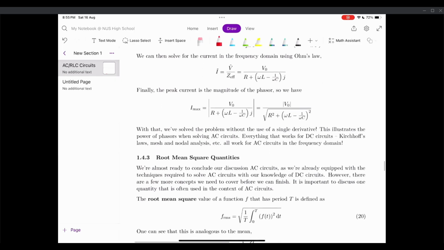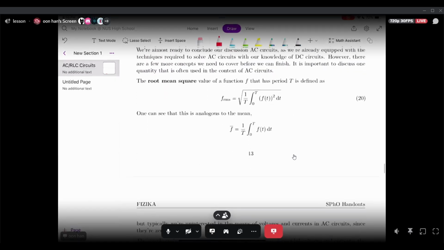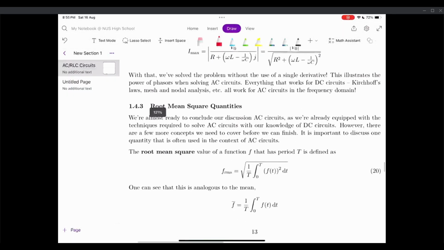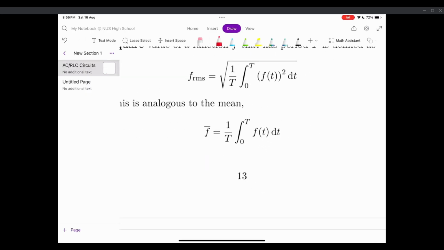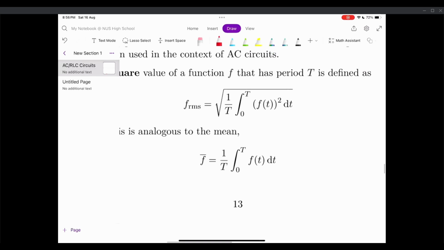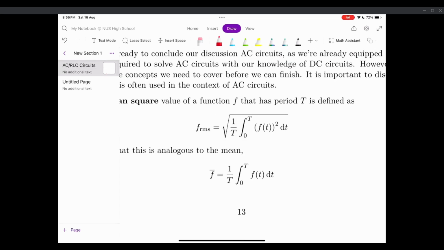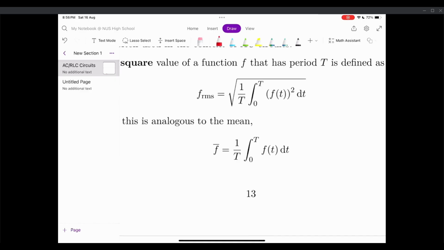Okay, the next thing we get to is root mean square quantities. Not too sure if you learned this already, but it's something similar to the mean. Your mean is defined as this, where you're assuming that your function is a periodic function with period T. This is with the integral.